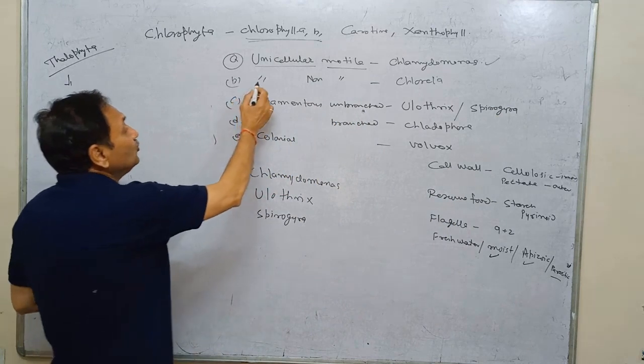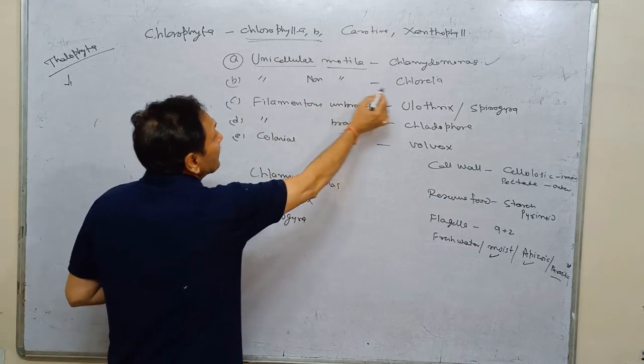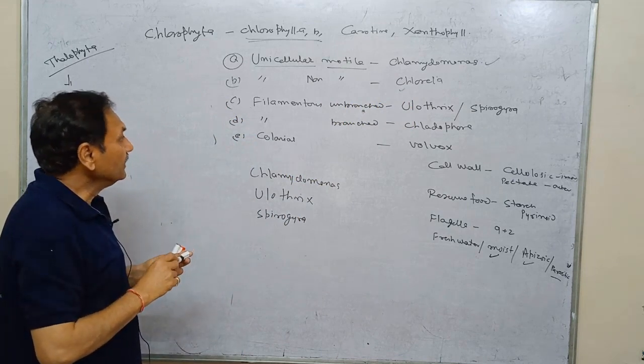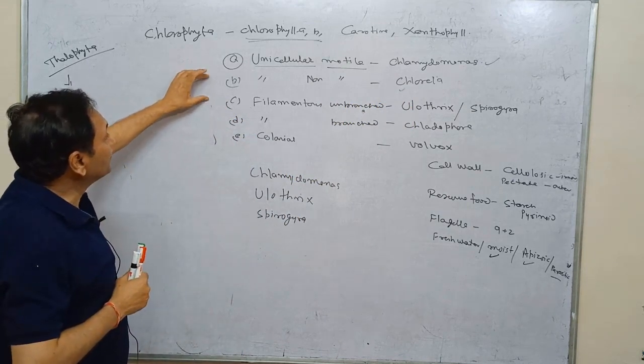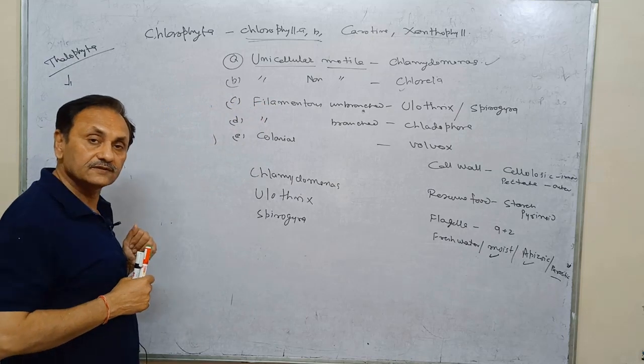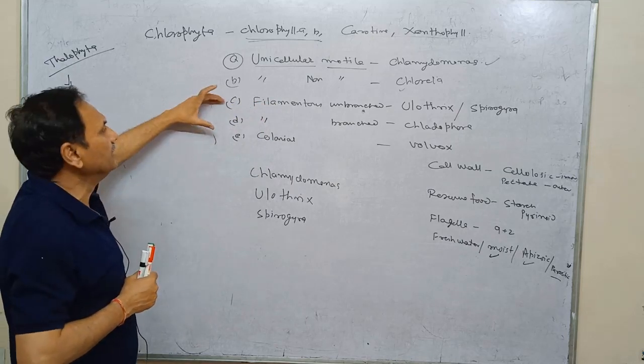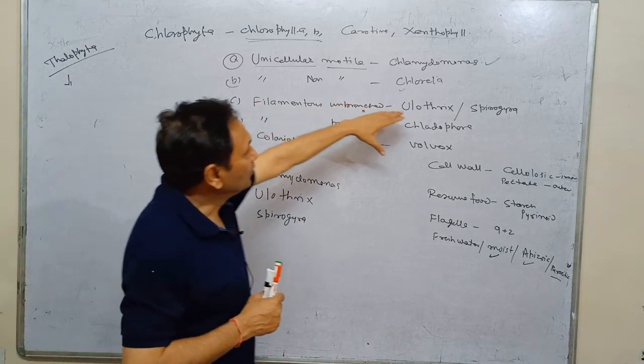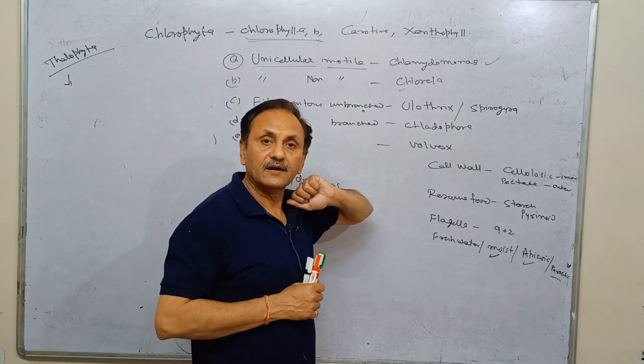Some of the unicellular non-motile algae are Chlorella, and it has been observed that some of the algae are filamentous. Very common filamentous algae are Ulothrix and Spirogyra.